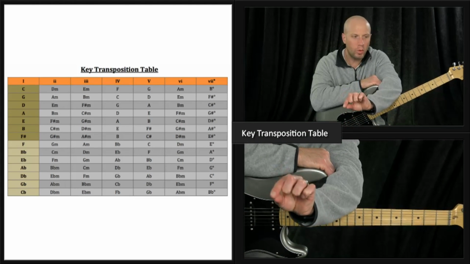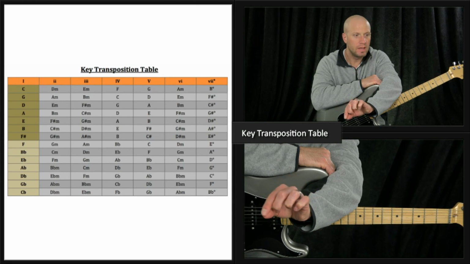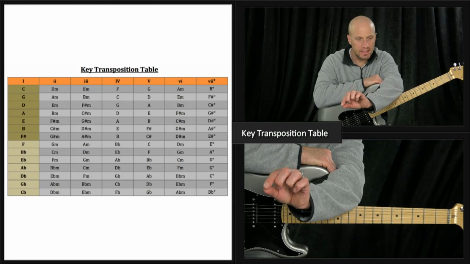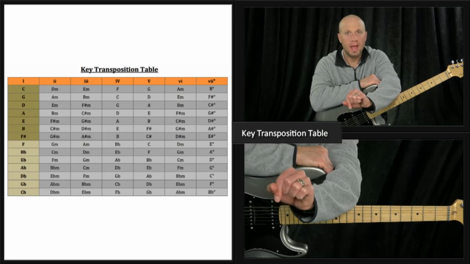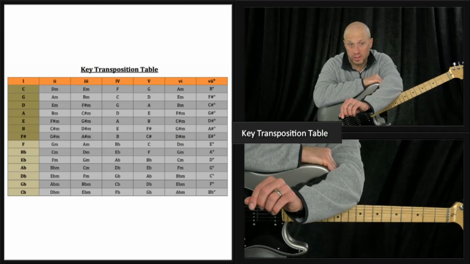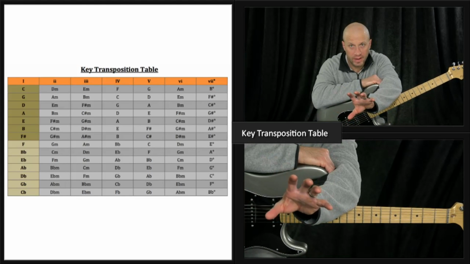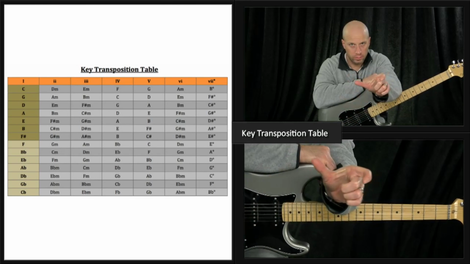So our 1, 4, 5 in Dorian is going to be D minor, G major, A minor. So a Dorian chord progression, if we're looking at the 1, 4, 5, has a minor 1.